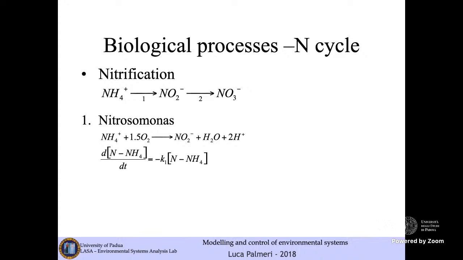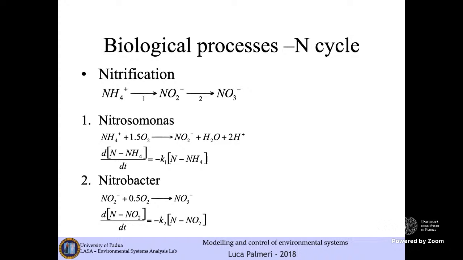In this case, the first reaction takes ammonium nitrogen and converts it into nitrite, and we may say that this process is described by a rate constant K1. So the variation of nitrogen in the form NH4 in time is equal to minus K1 times the concentration of nitrogen in the form NH4.